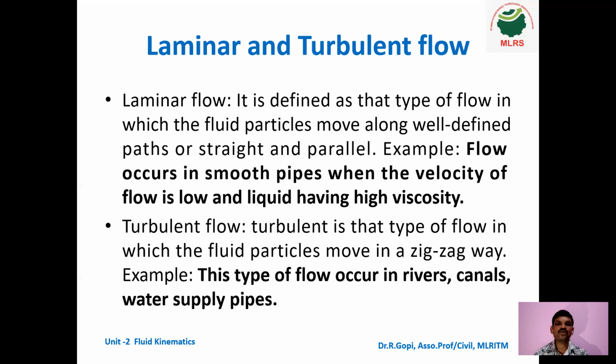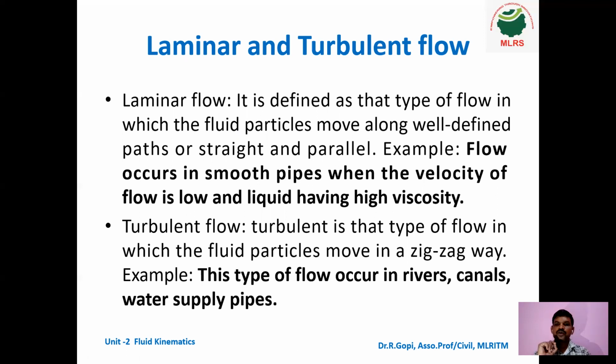For example, flow occurs in smooth pipes when the velocity of flow is low and the liquid has high viscosity. This is the best example. Next, turbulent flow. In turbulent flow, fluid particles move randomly in a zigzag way. You know about zigzag.